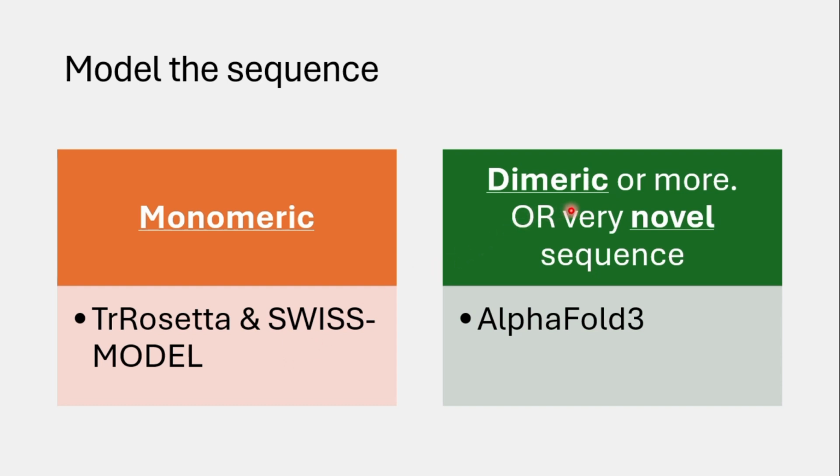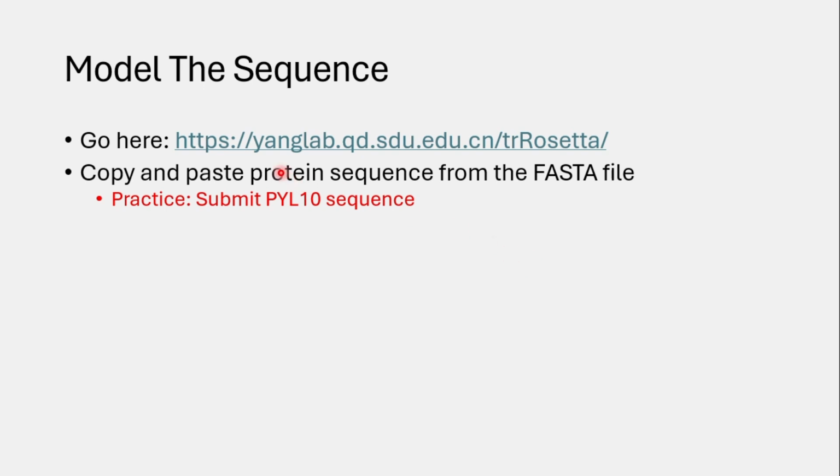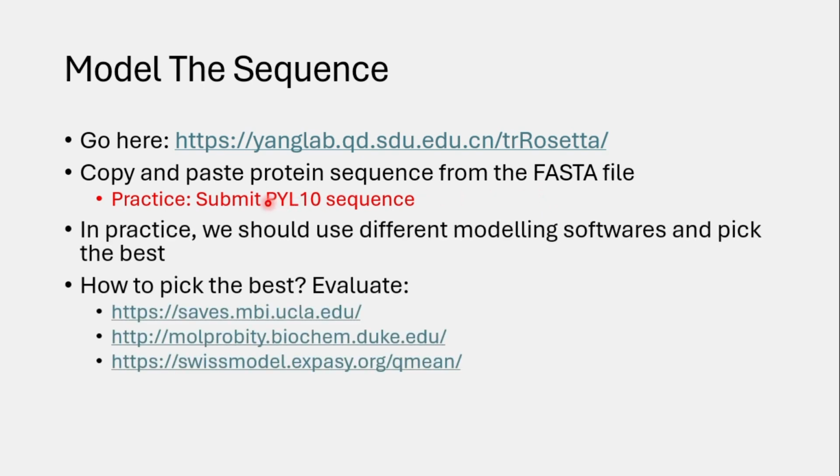If your protein is dimeric or it is a very novel sequence, so basically like you got it from a very novel species out from the wild, something like from Antarctica, it is better to use AlphaFold 3. And for this exercise, we're going to model our sequence using trRosetta. We're going to copy this protein sequence from the FASTA file, and we're going to submit the PYL10 sequence.